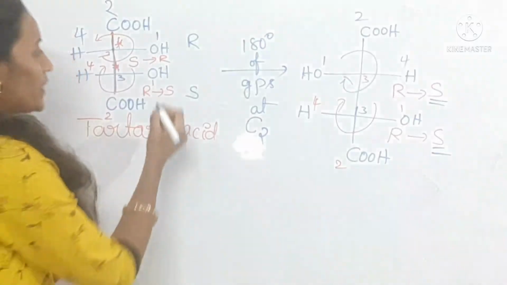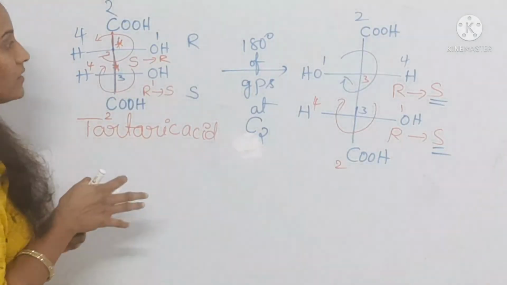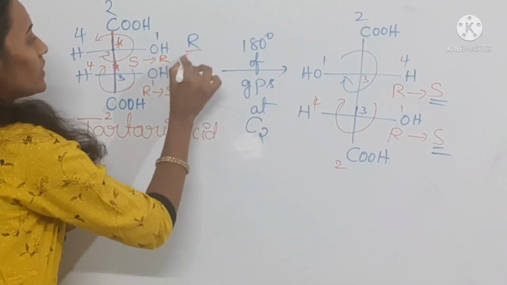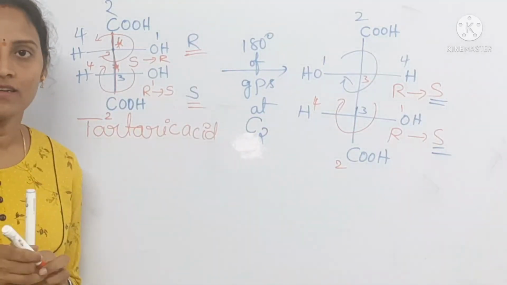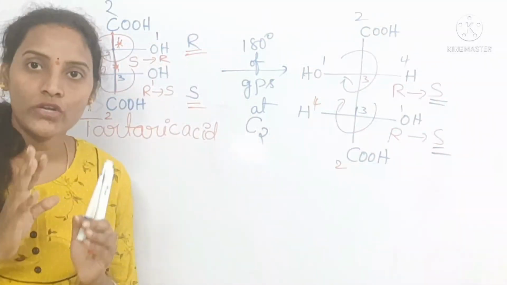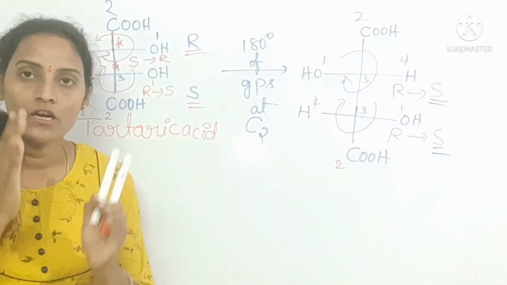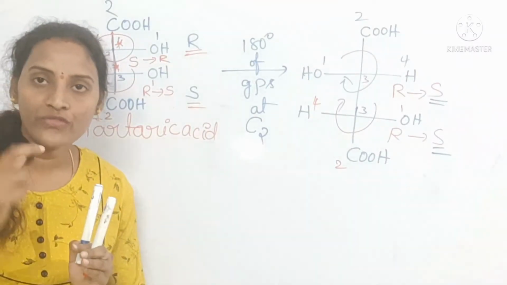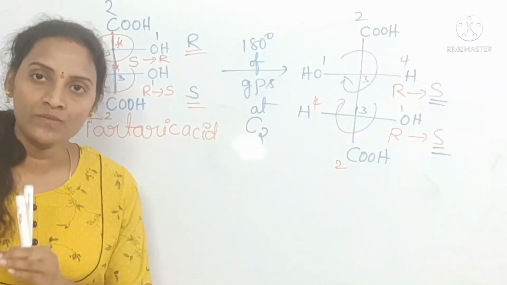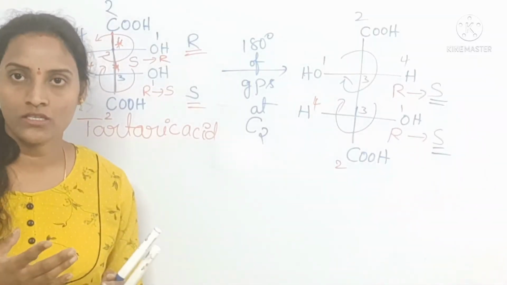But here one is R and another one is S. That means if you take configurations for any two isomers, for some centers the configuration is the same, but for some centers it is opposite.